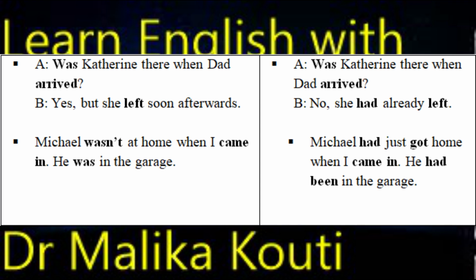Michael had just got home when I came in. He had been in the garage. So the first actions were being in the garage and getting home. And the second action is coming in. This is clear?